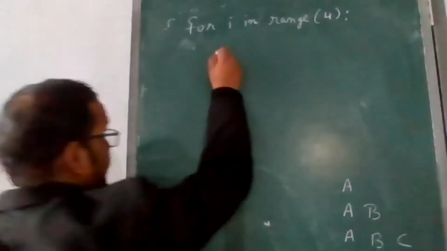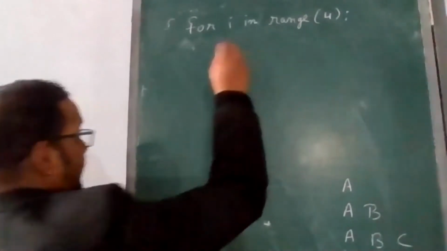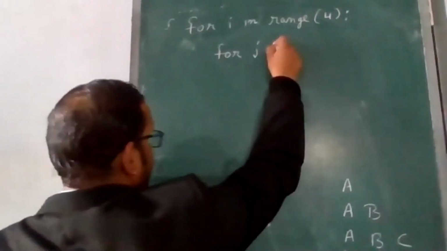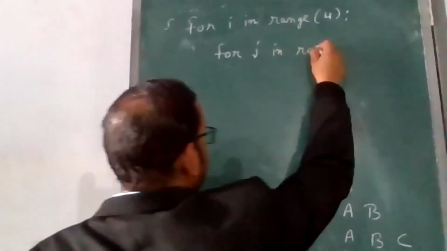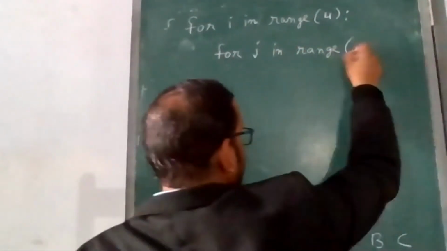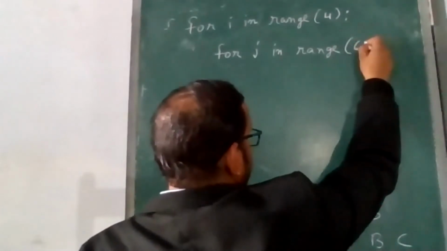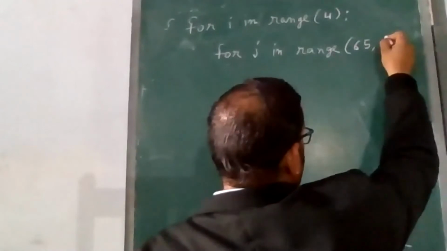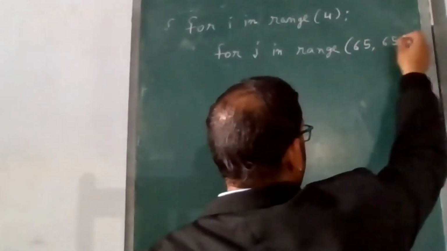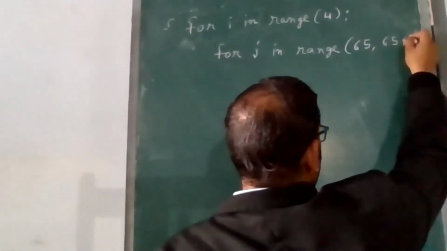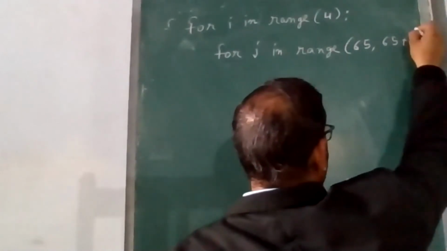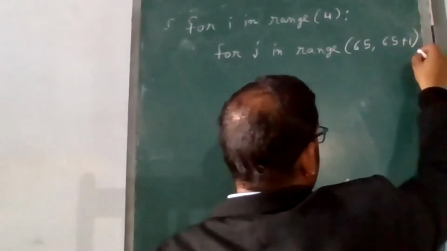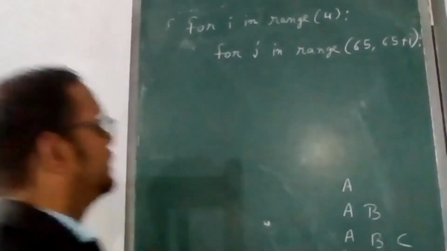Then for j in range 65 comma 65 plus i, like this.